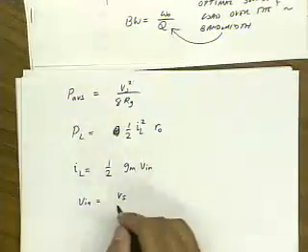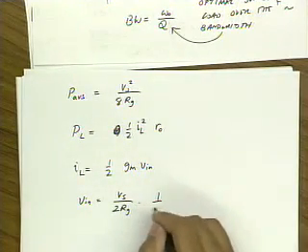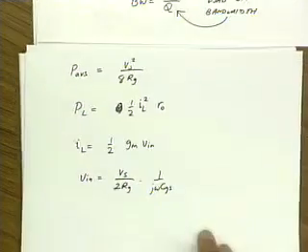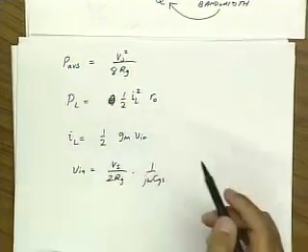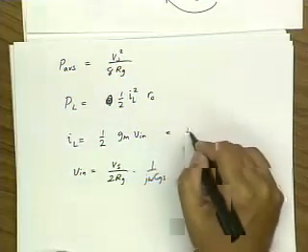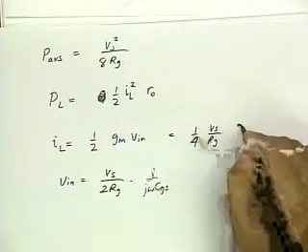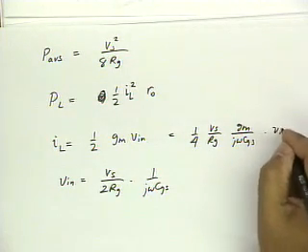So V in is Vs divided by 2Rg, that's the current, times 1 over j omega CGS. Okay? That clear? Good. So now we have an expression we can plug in here. So this is 1/4 Vs over Rg gm over j omega CGS times V in.